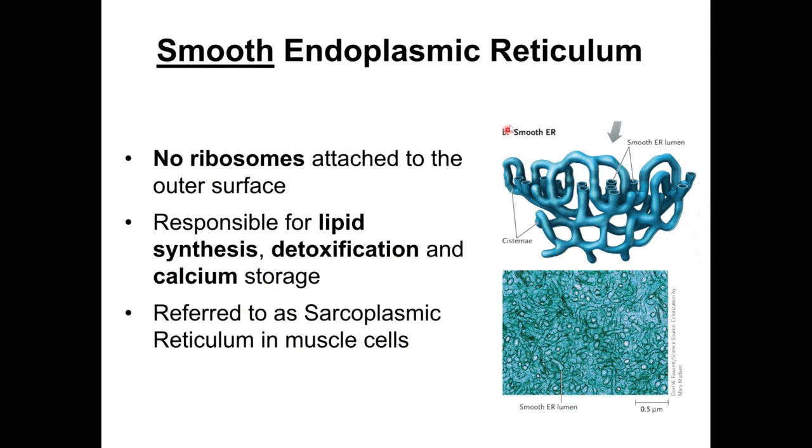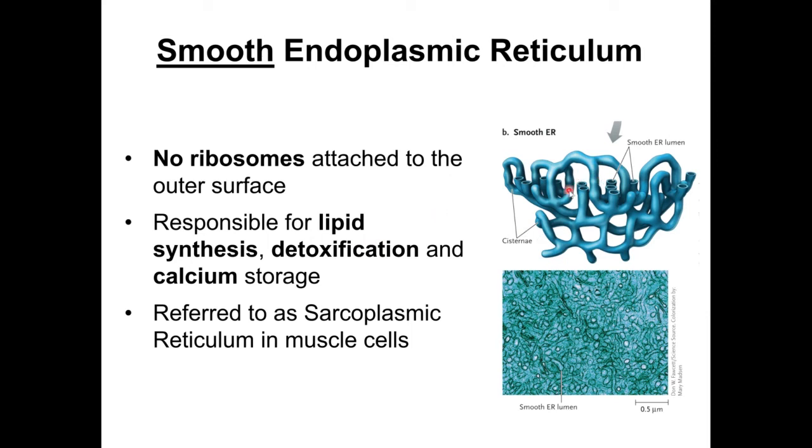Now, the function of the smooth ER is different from the rough ER. It's not related to protein synthesis and modification, but mostly to lipid production. In some cells, not all cells, like for example your liver cells, the smooth ER is also important for detoxification.